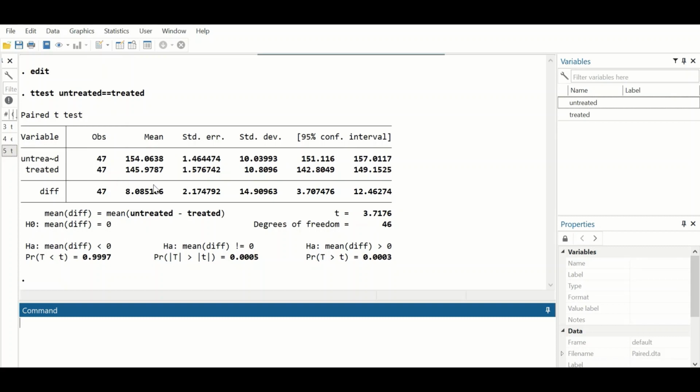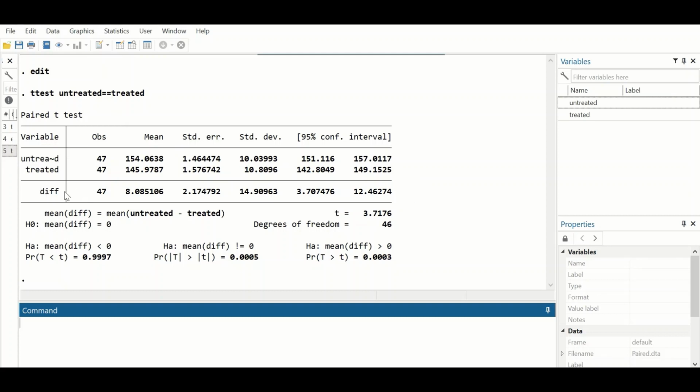And for the treated, it's 145.9, which is within the upper and lower values of 142.8 and 149.1. So the means for both fall within the 95% confidence interval.